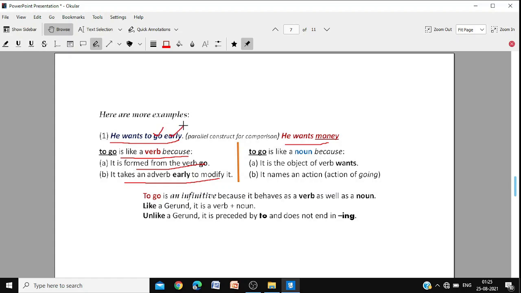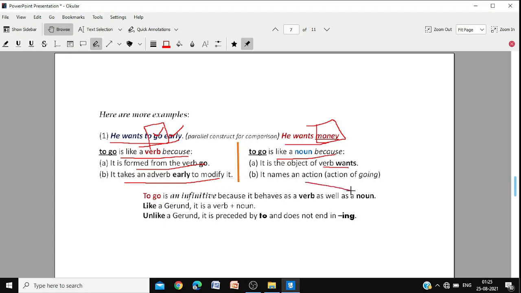Early is the adverb of time. He wants money. Money is the object. Then he wants to go. To go is also the object of the verb wants.